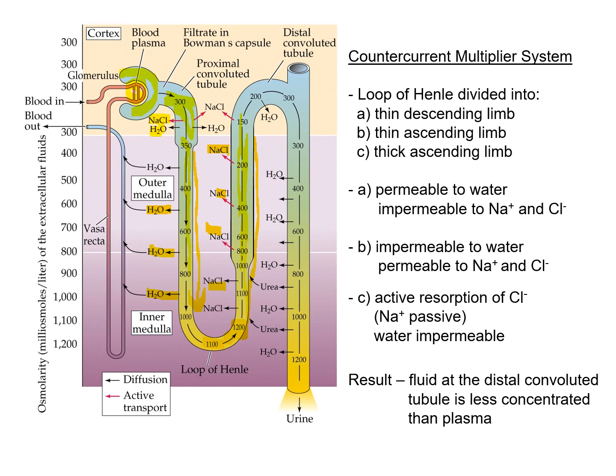So on the descending arm you have permeability to water but impermeable to sodium and chloride. On the ascending limb, and we'll talk about both thin and thick together, it's impermeable to water, but permeable to sodium and chloride. And so it arrives back here, and remember, they've moved these peritubular capillaries away from the tubules themselves just for clarity.